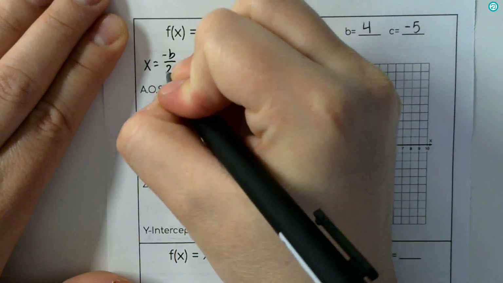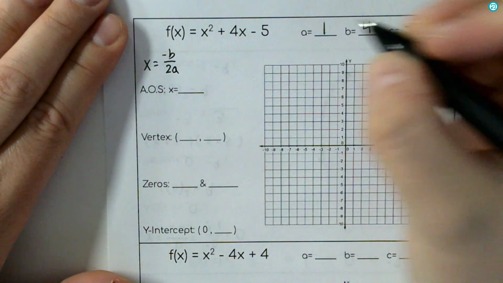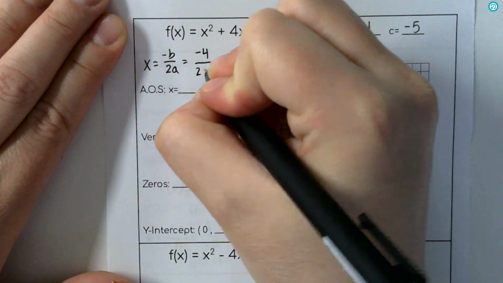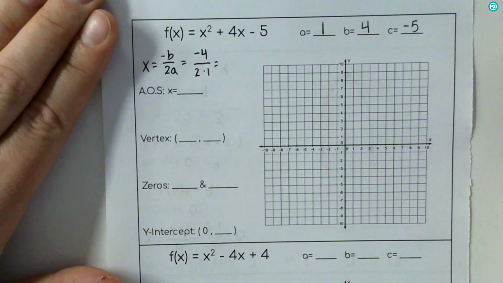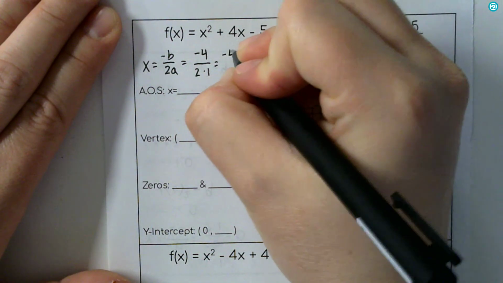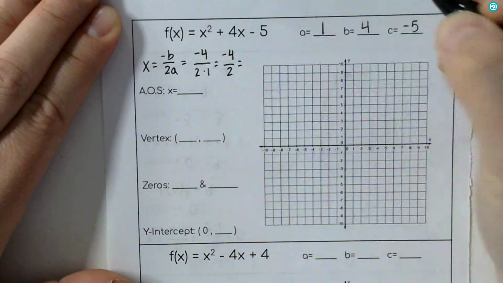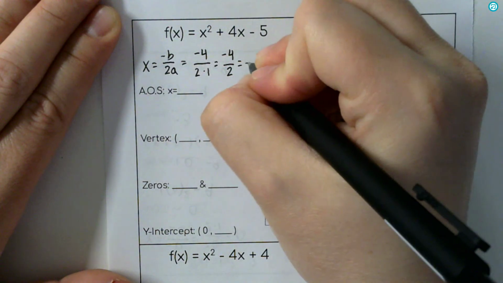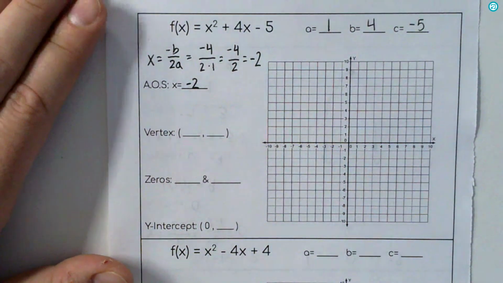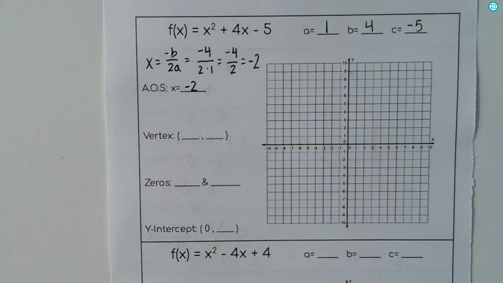So that's going to be negative 4 over 2 times 1, so that's going to be negative 4 over 2. Negative 4 divided by 2 is negative 2. Any questions about finding that axis of symmetry?